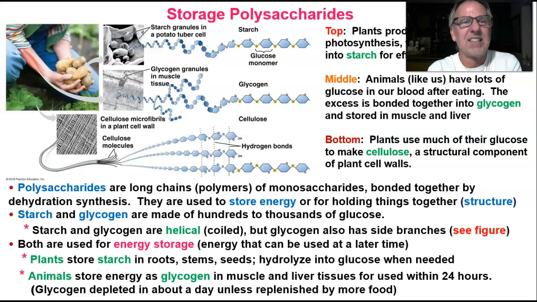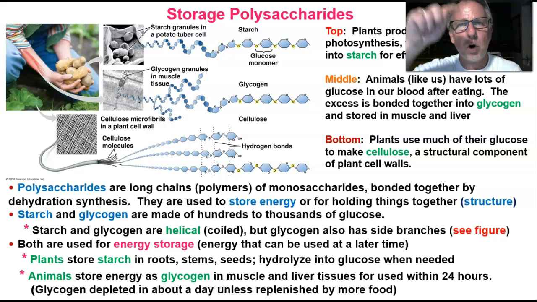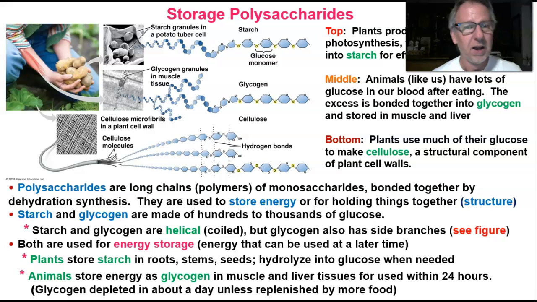They're full of lots of sugar energy, coiled starch molecules. In the meantime, this person's muscle cells are storing glycogen, and those are also coiled, and they have little branches sticking off of them. Both starch and glycogen are full of energy that organisms are storing for later use.